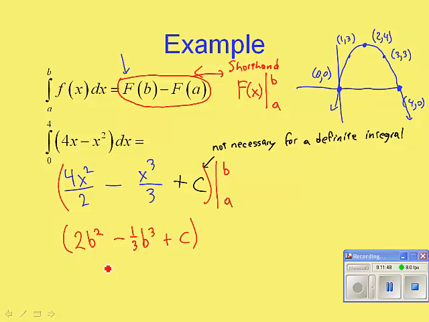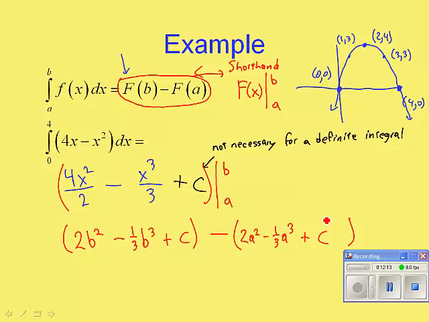That's my F of B. Okay? Minus, what do I put here? 2a squared minus 1/3 a cubed. What would it be? Plus c.